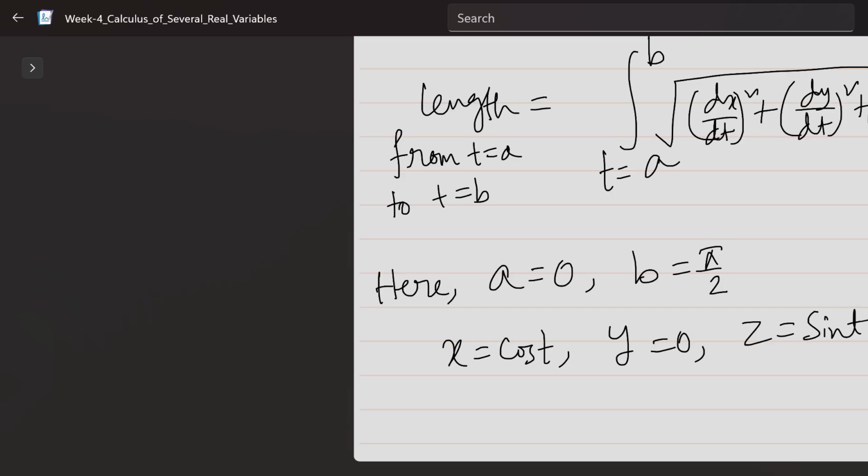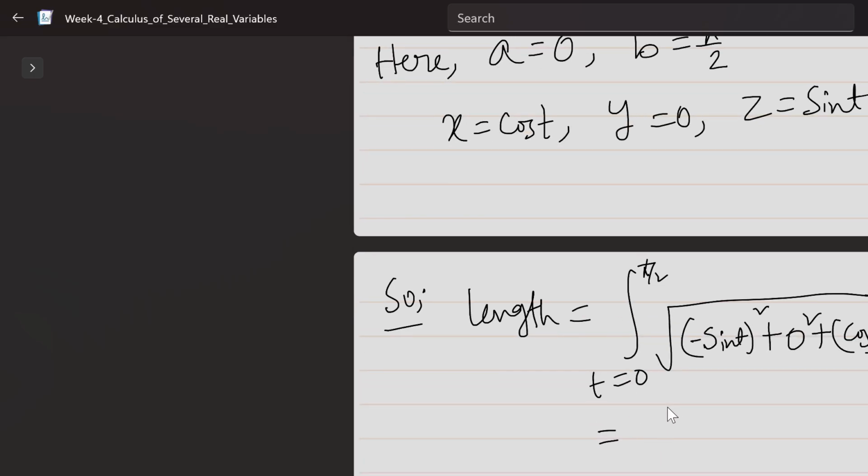Let me calculate once. Length is integral t equal to 0 to pi by 2 square root of dx/dt squared, means minus sin t whole square, sin square t plus 0 plus cos square t. You are correct, it is pi by 2, because it is t equal to 0 to pi by 2 square root of sin square t plus cos square t dt.